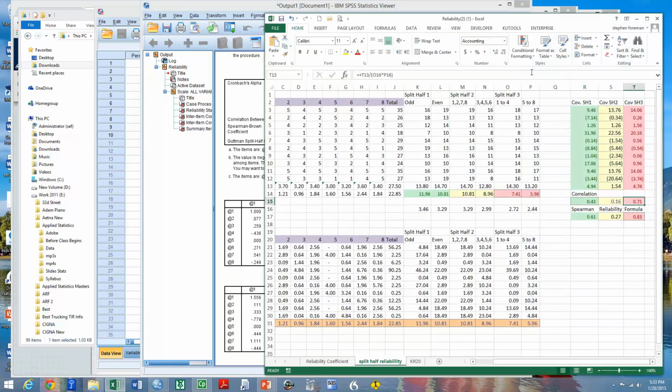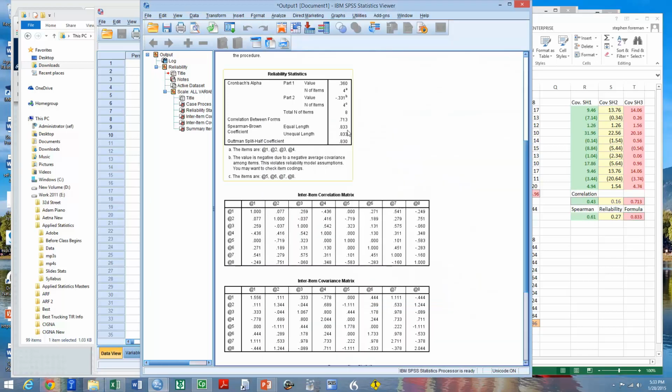And our Spearman reliability coefficient of 0.833. And if you just looked at these two split halves, you would conclude that this test is reliable because those two halves highly correlate to one another. Okay, so we've done split halves.